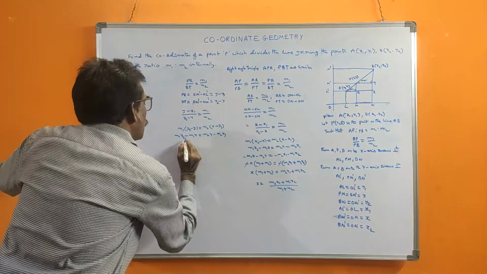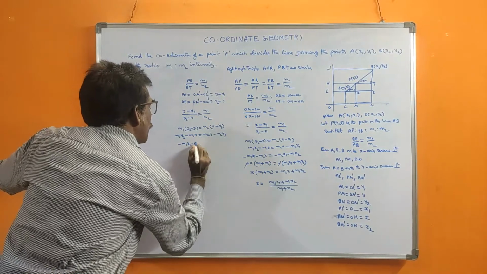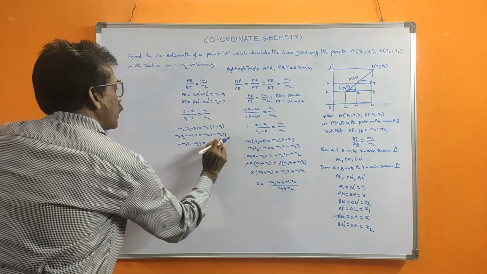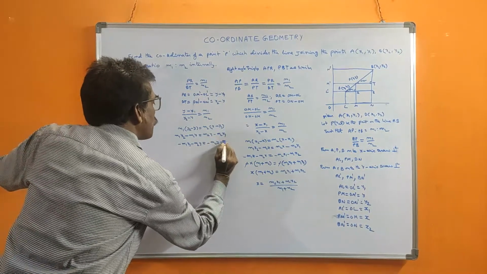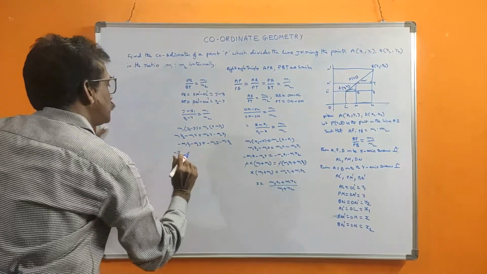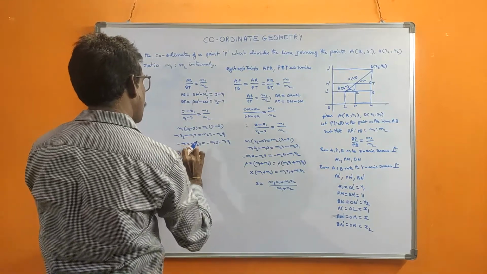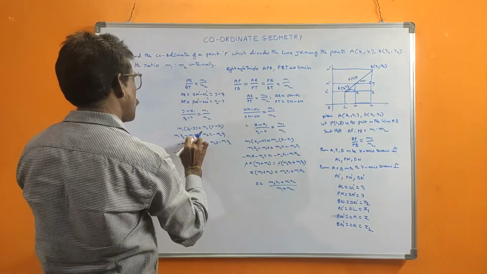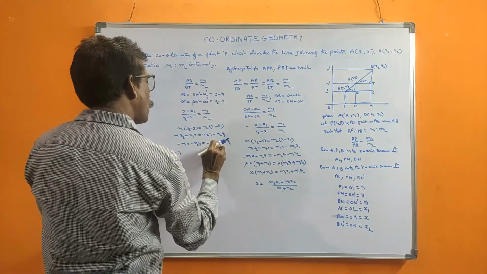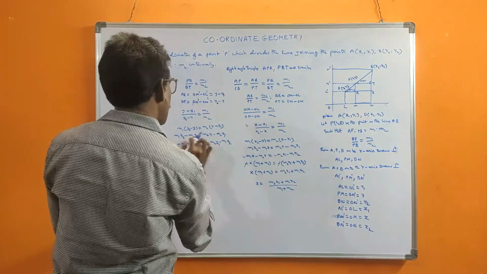Now y is common, so first we write m1 y, this comes to this side, m2 y here, is equal to m2 y minus m2 y only, this comes to this side, m1 y2, now minus common, y1. So m1 y minus m2 y is equal to m2 y1, here m2 y1, this comes to this side, m1 y2.